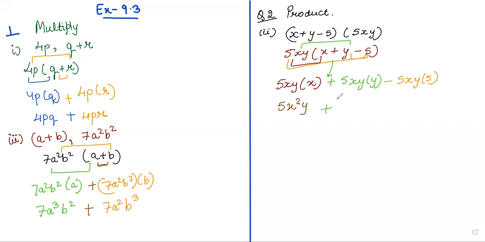Put the sign of plus, write 5x as it is, y into y is y square. Now put the sign of minus as it is, 5 into 5 is 25 and write xy as it is. So on multiplying x plus y minus 5 by 5xy, we get 5x square y plus 5xy square minus 25xy.